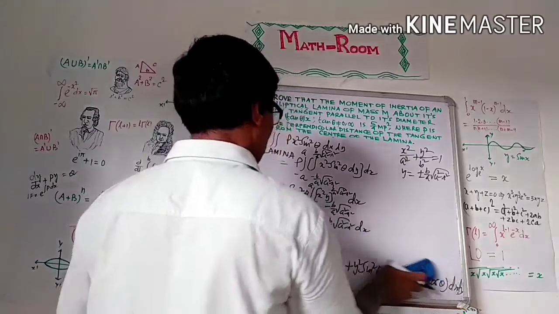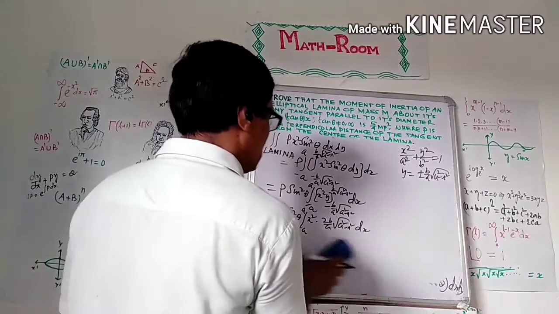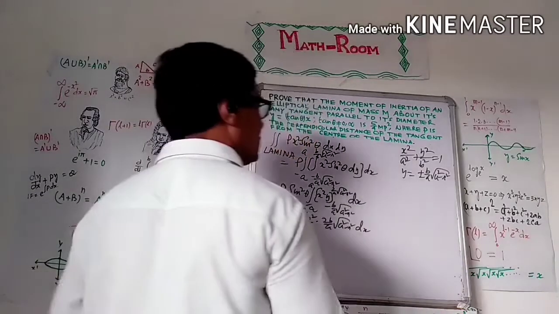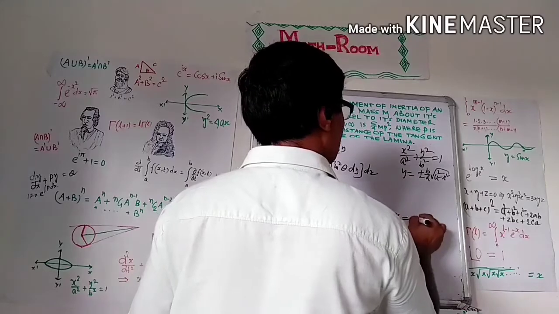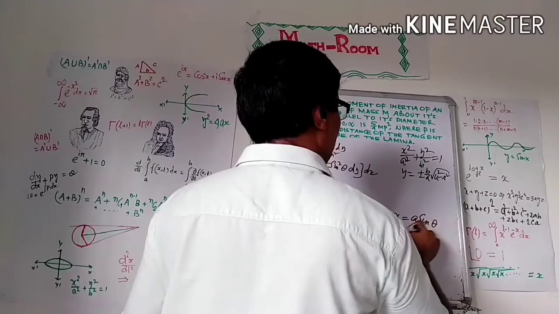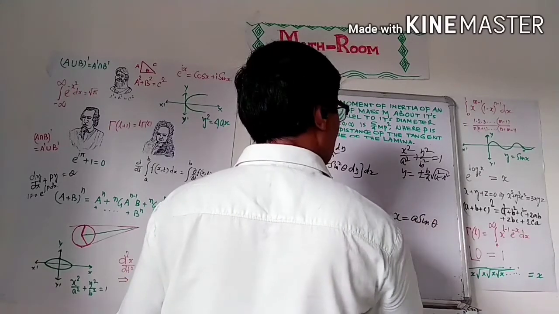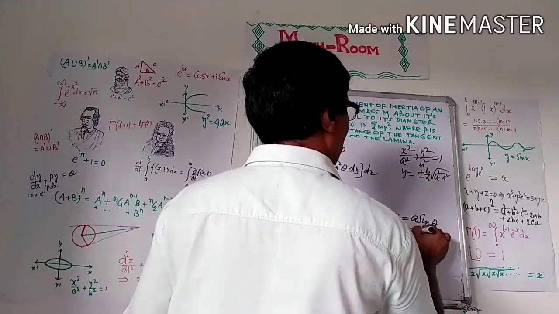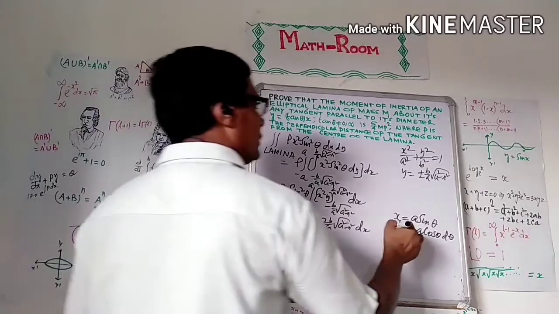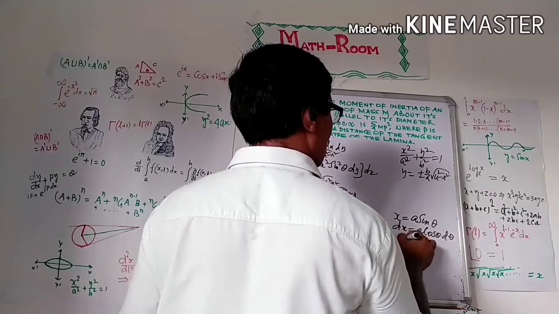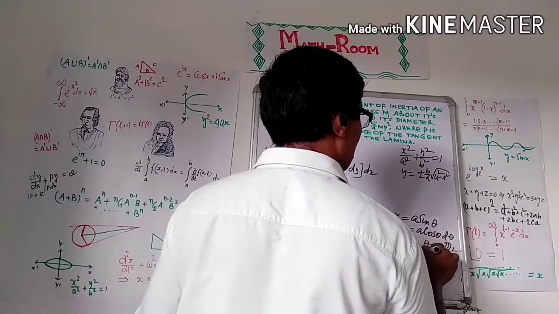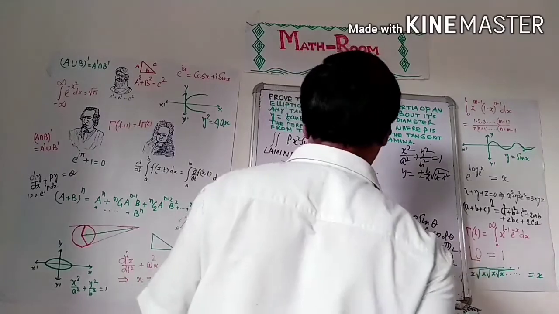Now, we shall integrate this term with respect to x. To integrate this term, we put x equal to a sin phi, dx equal to a cos phi d phi. So, when x equal to minus a, phi equal to minus pi by 2, and when x equal to plus a, phi equal to pi by 2.